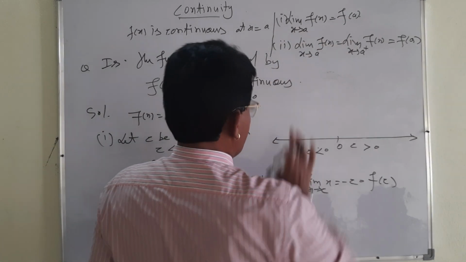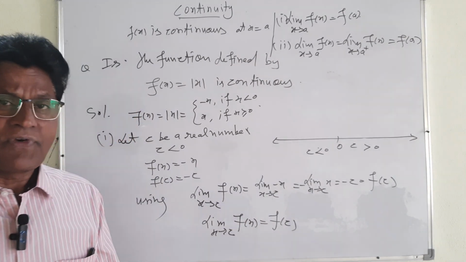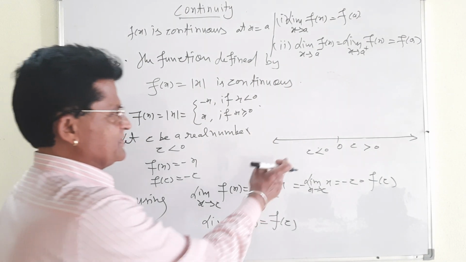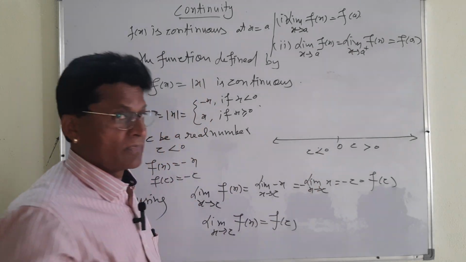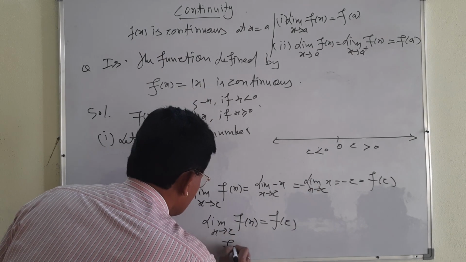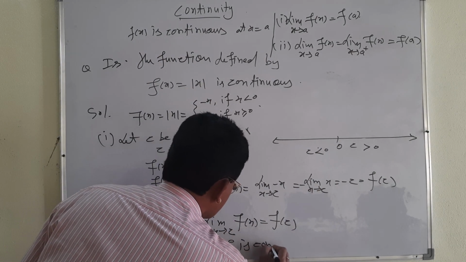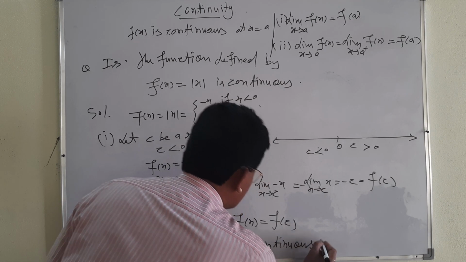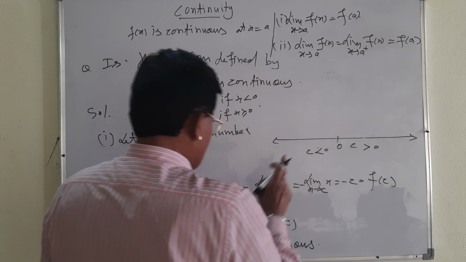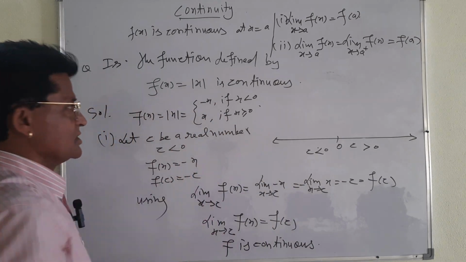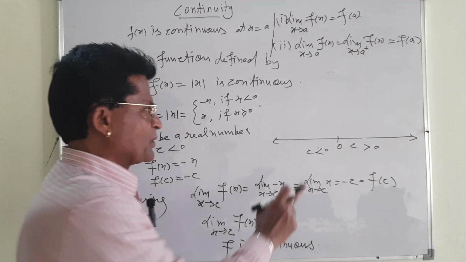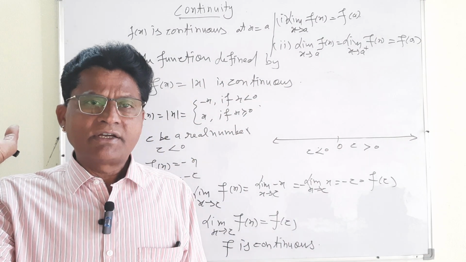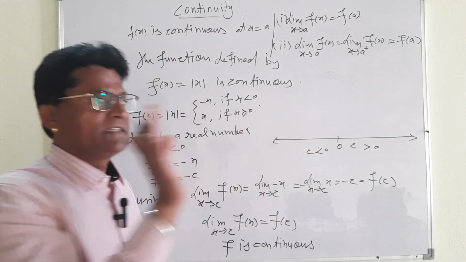That is why the first thing is proved: the function is continuous if c is less than 0. Already I told you we have proved that at c equal to 0 the function is continuous. Less than c, function is continuous.